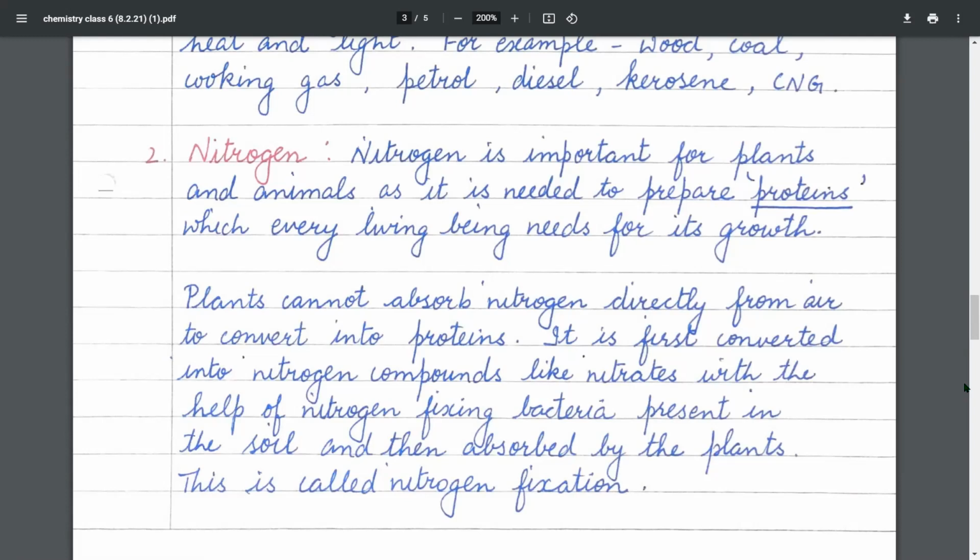It is first converted into nitrogen compounds like nitrates with the help of nitrogen fixing bacteria present in the soil and then absorbed by the plants. This is called nitrogen fixation.